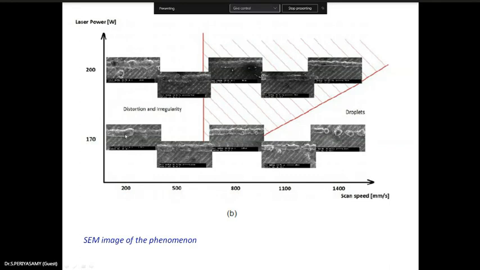So the next major defect is balling. The balling occurs when the molten material fails to wet the underlying substrate. Like in, what else? Tamarai, lotus leaves. If you put water on it, it won't wet. It will just roll out.